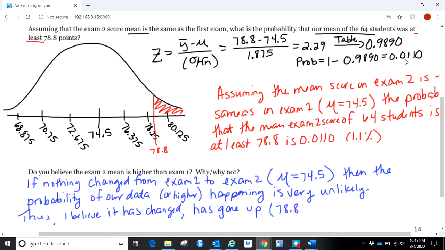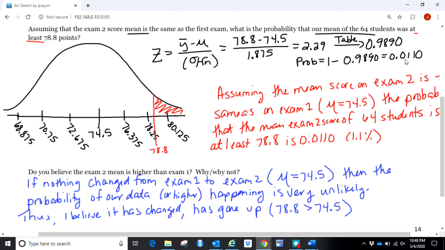Well, my sample mean that I got was bigger than that exam 1 score mean. So if I was looking at this for students, I would say, it looks like scores do go up on exam 2. At least the mean. I'm not saying every single student's score goes up, but it looks like the mean exam score does go up on exam 2 compared to exam 1.